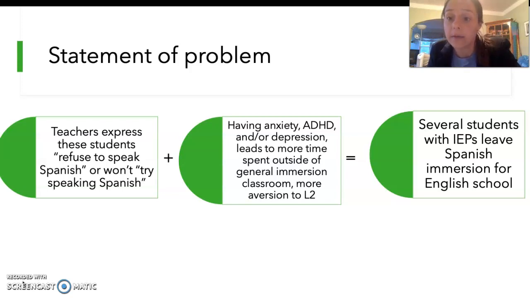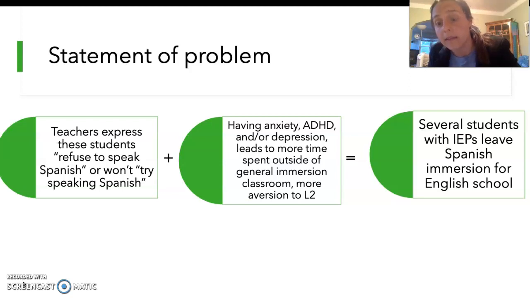And this is compounded with the fact that a lot of my students have anxiety, ADHD, and or depression that just leads to more time spent outside of the general immersion classroom and can sometimes seem that they have more aversion towards the L2 since they are in an English setting a little bit more of their day.